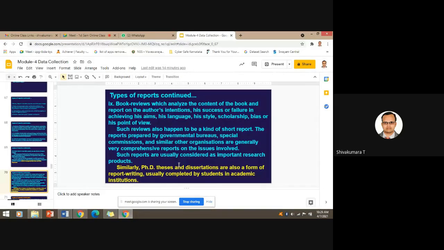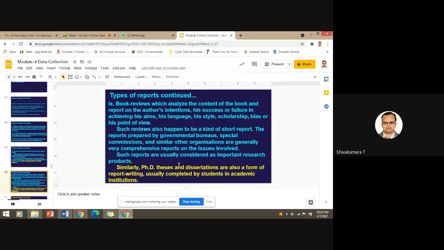Usually, if you are submitting your research paper to journals, they will give a review of your entire work. They will send whether they are accepting or any modifications are required. That is also one kind of report. The reports prepared by governmental bureaus, special commissions, and similar organizations are generally very comprehensive reports on the issues involved.